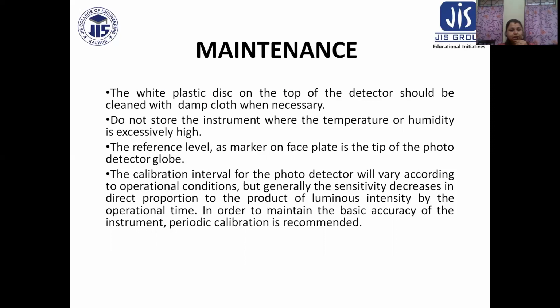The reference level marker on the faceplate is the tip of the photodetector globe. The calibration interval for the photodetector will vary according to operational conditions, but generally the sensitivity decreases in direct proportion to the product of luminous intensity and operational time. To maintain the basic accuracy of the instrument, periodic calibration is also recommended. So these are the points for the maintenance of a lux meter.